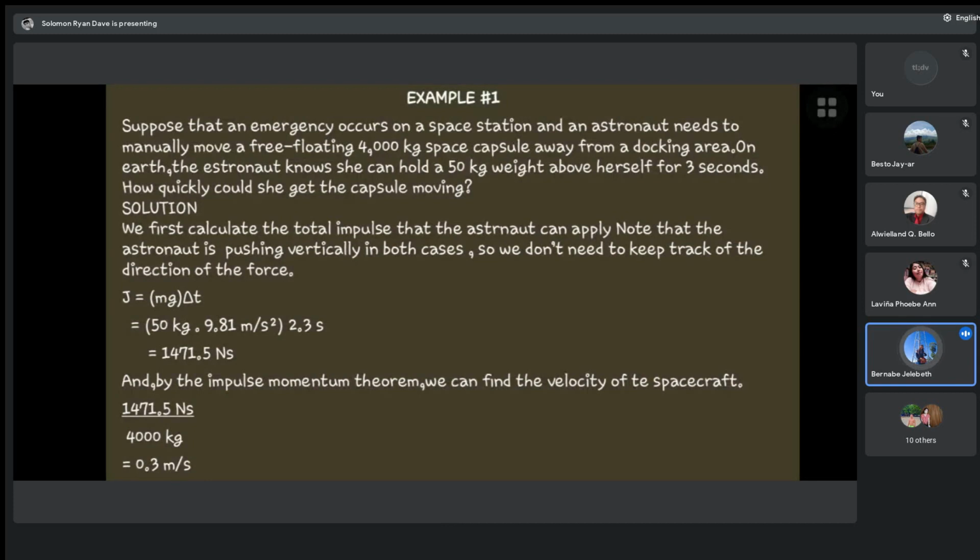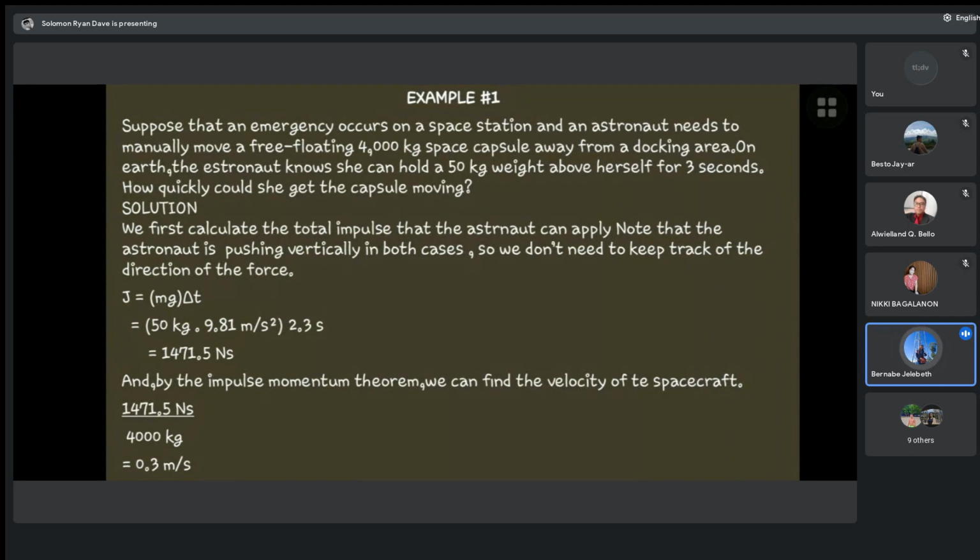So here is the solution. First, we calculate the total impulse that the astronaut can apply. The astronaut is pushing vertically in both cases, so we don't need to keep track of the direction of the force. We have the formula J equals mg times change in time. Substituting the values, we get 1471.5 Newton seconds.